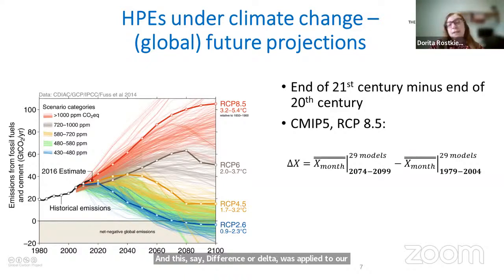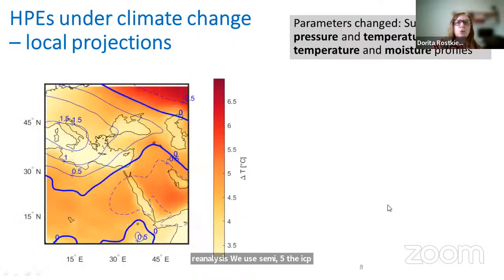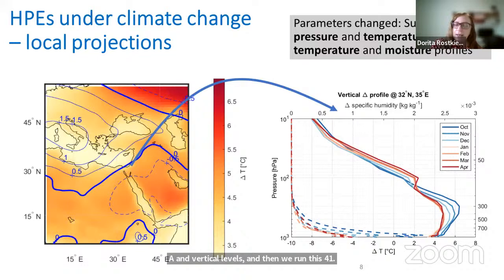Except for this, all other fields were kept the same as in the reanalysis. We use CMIP5 and the RCP 8.5 scenario. We performed changes in pressure, wind, temperature, and moisture, and they were applied to the corresponding grid cells in the model and vertical levels. Then we ran these 41 events and analyzed the results in comparison to the historical runs.